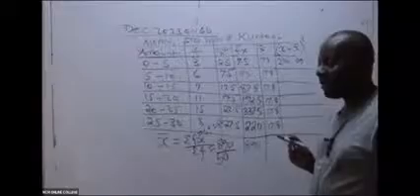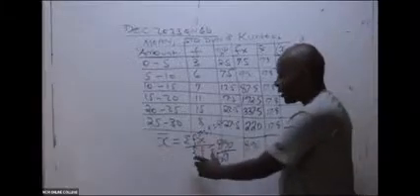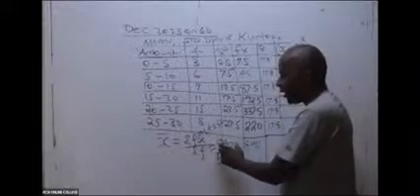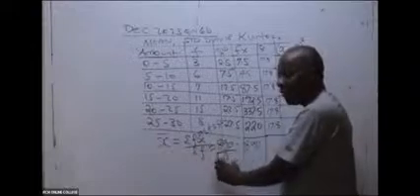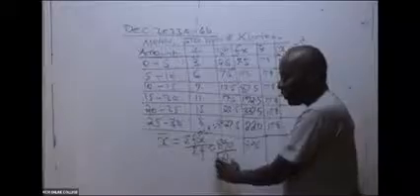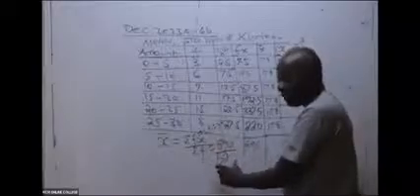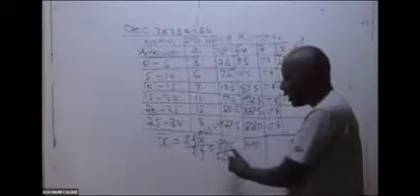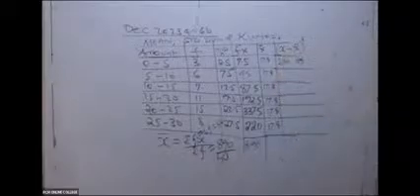Will the mean remain the same? Because remember, we said it's sum of fx over sum of f. Sum of fx is 890. Sum of f is 50. So can you kindly give me the mean there? 890 divided by 50. Sorry for that. What are we getting here?